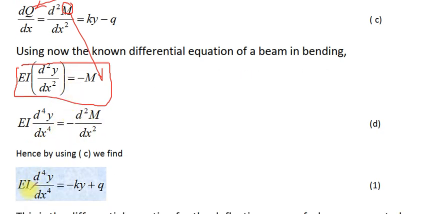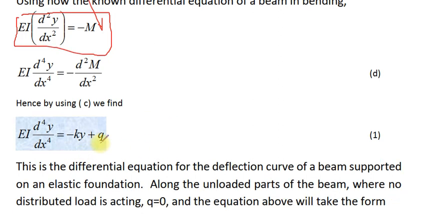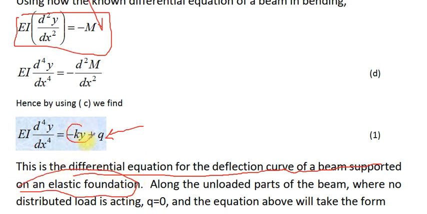We will get EI d fourth y over dx fourth equal to minus Ky plus q. This equation is the differential equation for deflection curve of a beam supported on an elastic foundation.